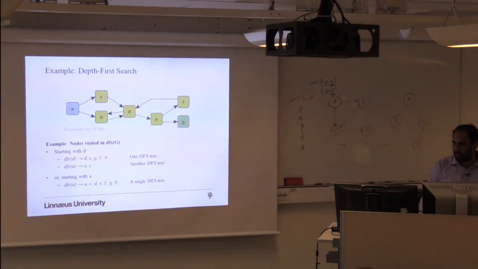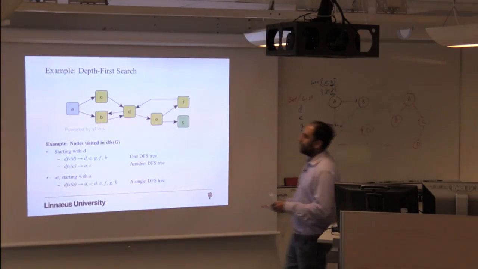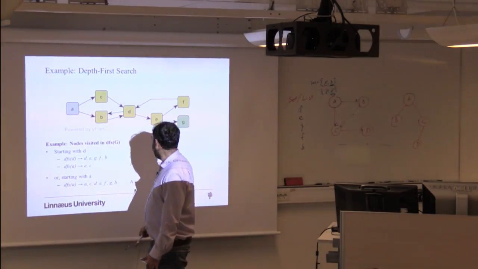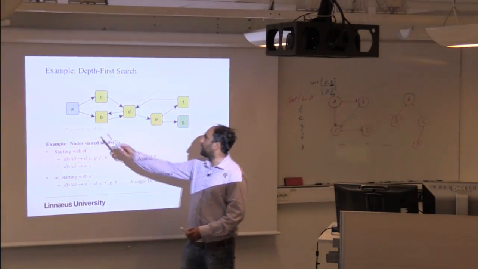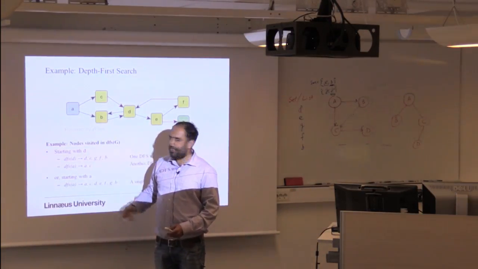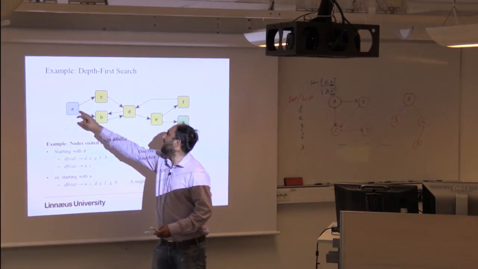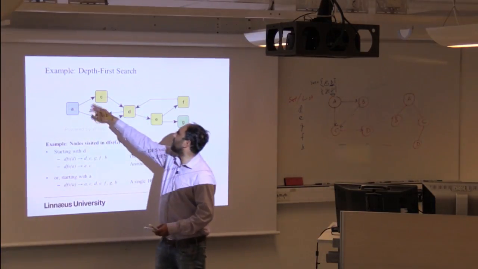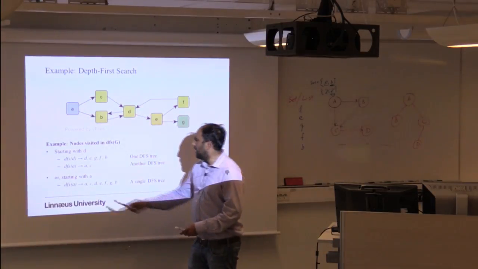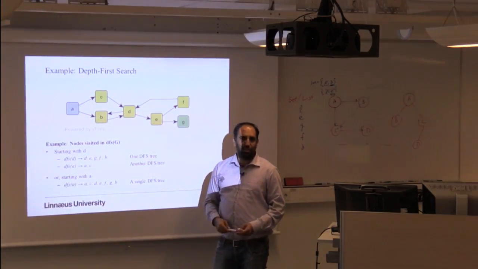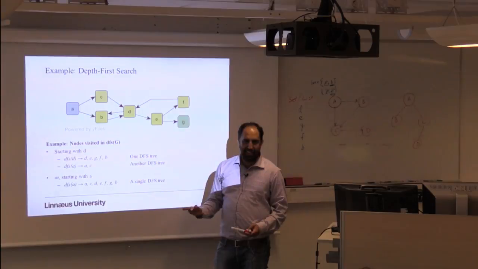And it's also possible that in some cases, in the first try, for example, if we started with node A instead of starting with node D, because A has connections with all the nodes, we would have ended up visiting all the nodes in the first attempt.